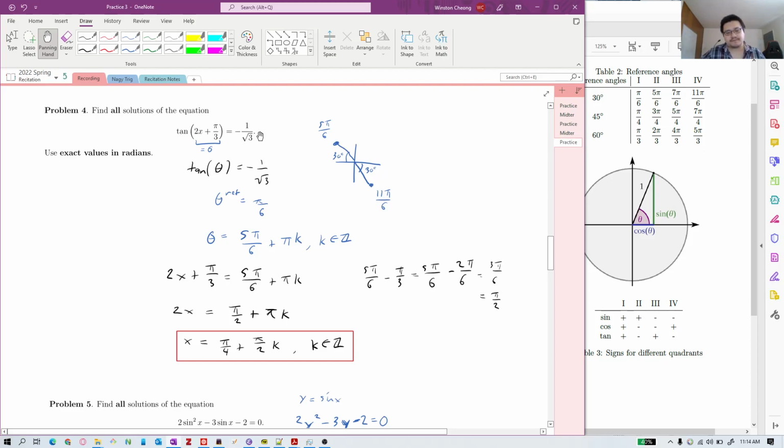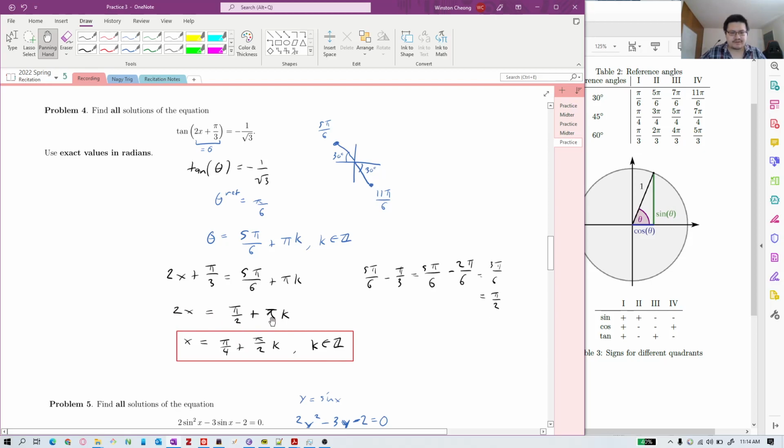So, solve this equation for x. Subtract pi over 3. Do a bit of arithmetic to actually do that calculation. You get pi over 2.